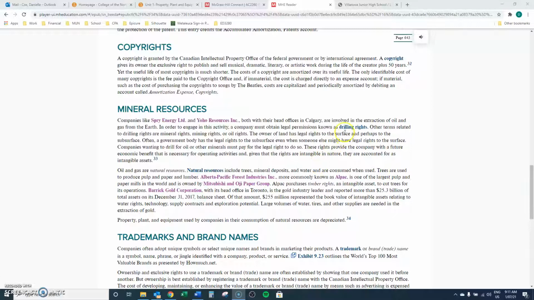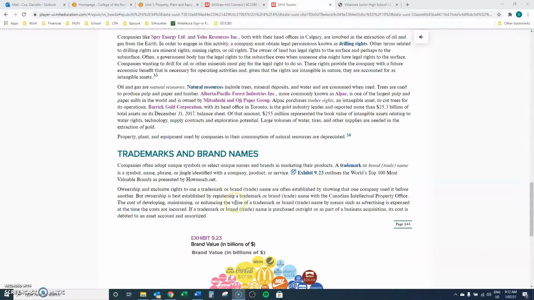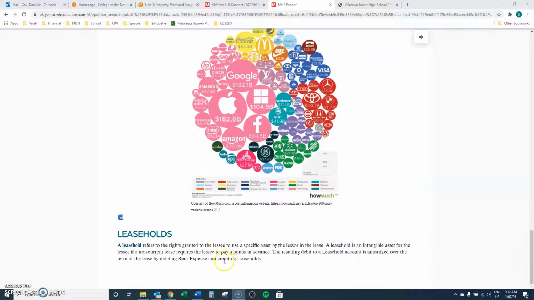Mineral resources, so drilling rights, various ones here, and the timeline for those is usually indicated in the question because they're all different. And then there's trademarks and leaseholds. So they describe what each of the intangibles are, but like I said, they're all handled pretty much the same. Okay, so that's it for the summary.